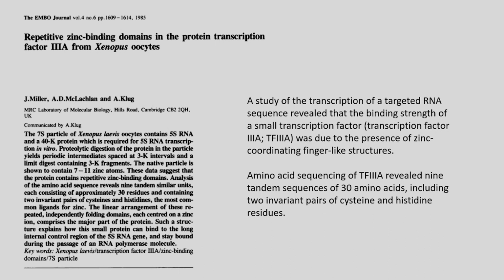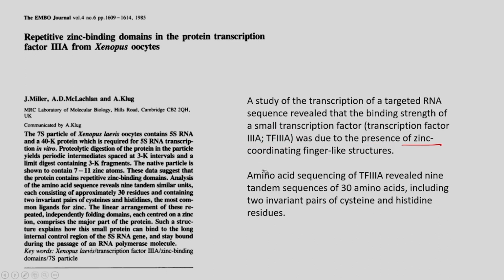You can refer to this paper for full details of this particular discovery. Briefly, in this paper, a study of the transcription of a targeted RNA sequence revealed that the binding strength of a small transcription factor TFIIIA was due to the presence of zinc coordinating finger like structures.